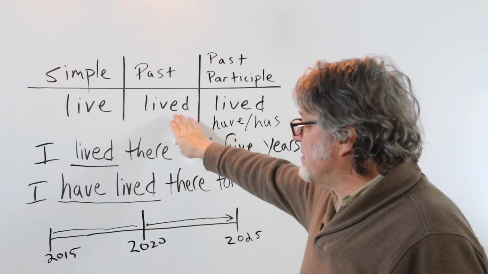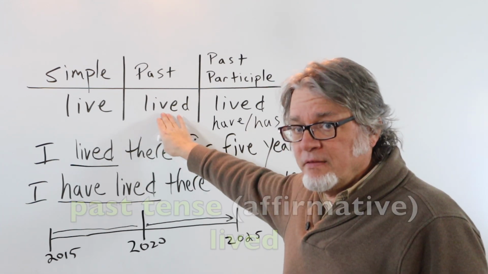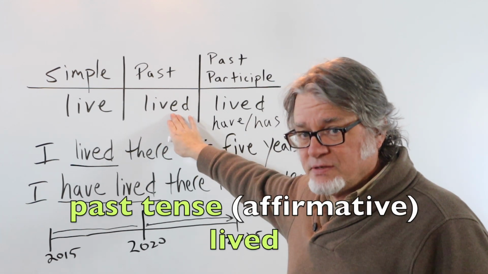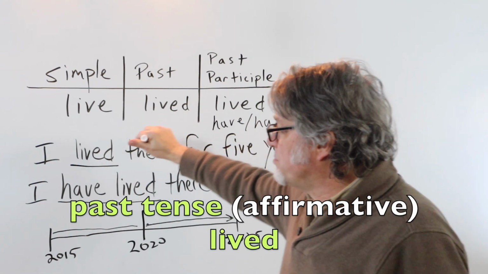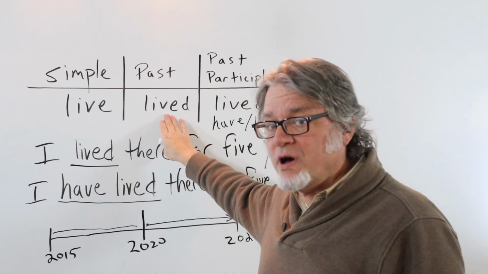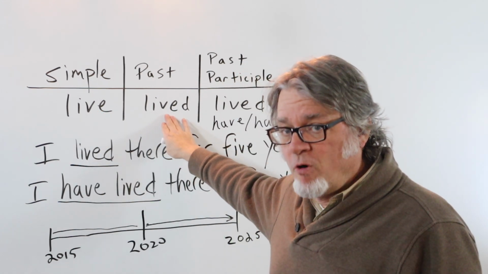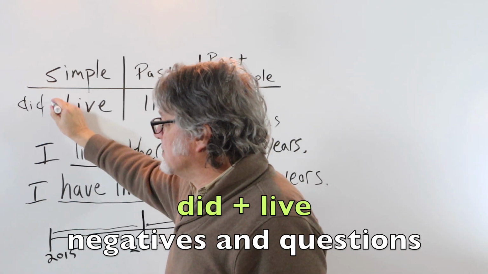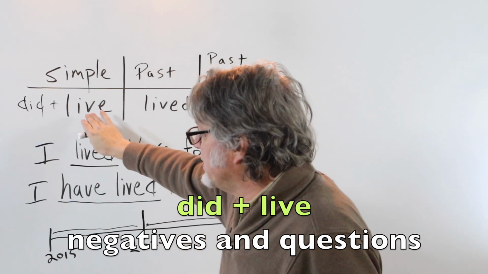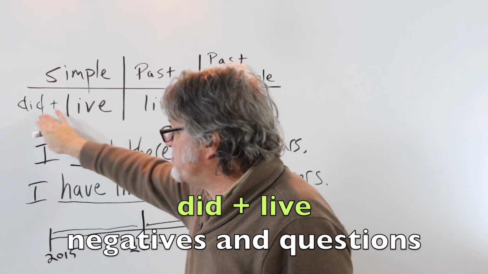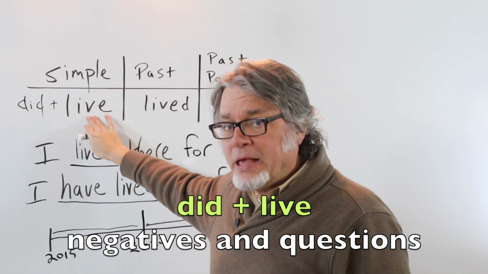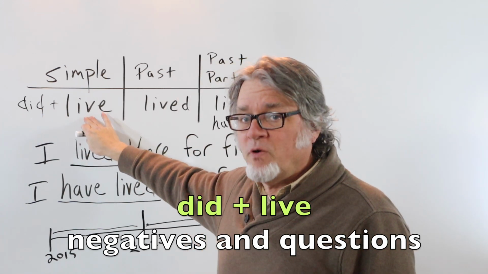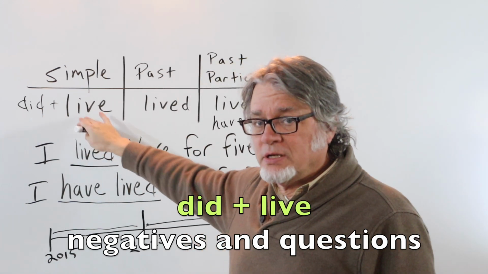The verb lived is in the past tense, and if you put this into the negative or form a question, then use did. Here's the helping verb, here's the simple form. These both make the past tense negative or a question.